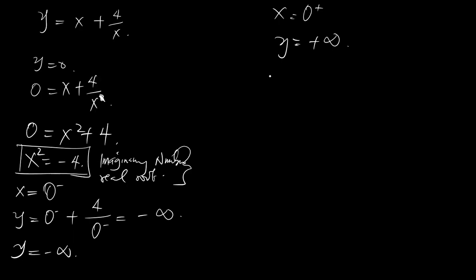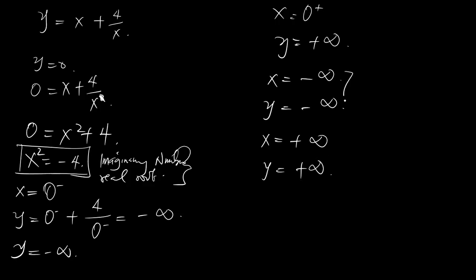If x is equal to minus infinity, y will be minus infinity. If x is equal to plus infinity, y will be equal to plus infinity. So here is a condition where y is equal to x. And this other condition is an inverse condition.